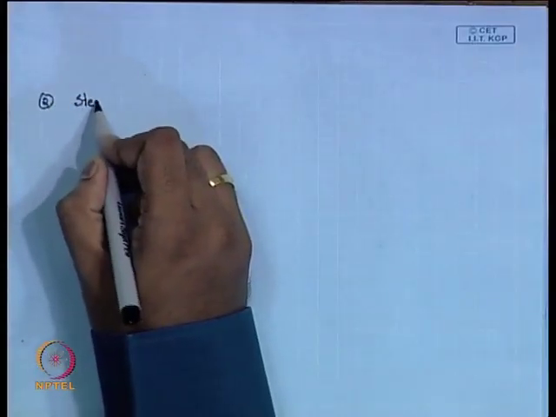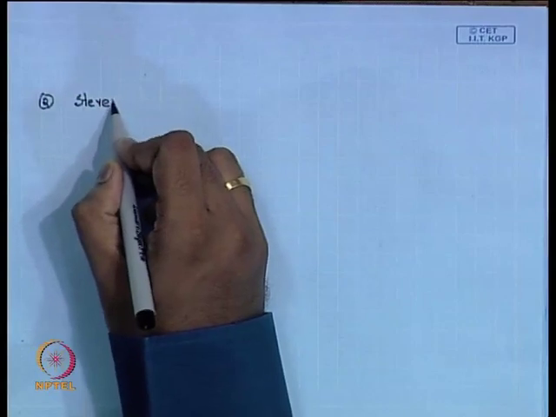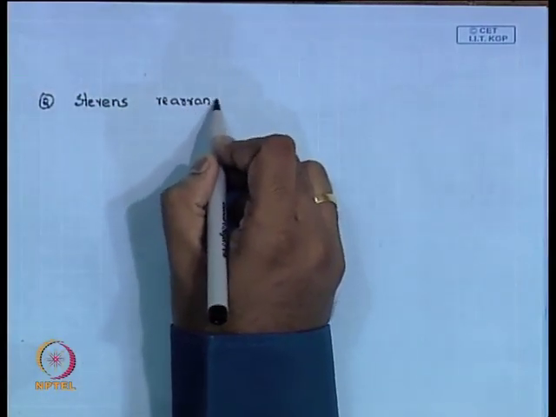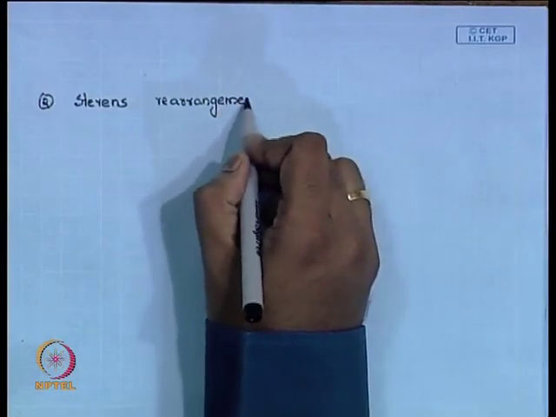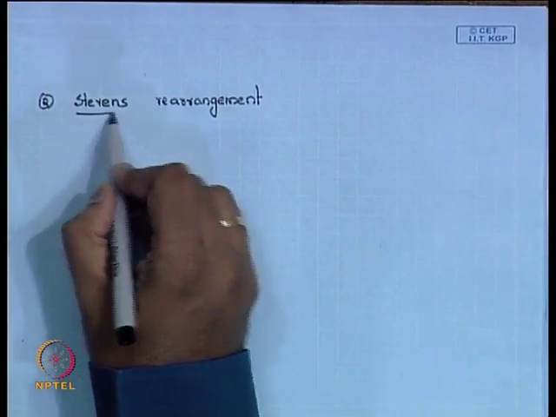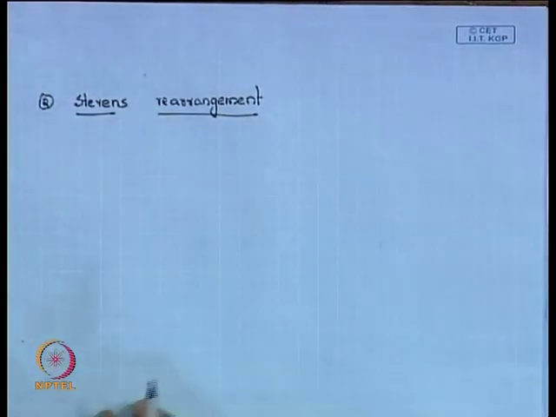You have the Stevens rearrangement. Stevens rearrangement is similar to the Wittig one. In Wittig, you take a type of allylic ether, which has an oxygen. In Stevens, you work with nitrogen. That's all.